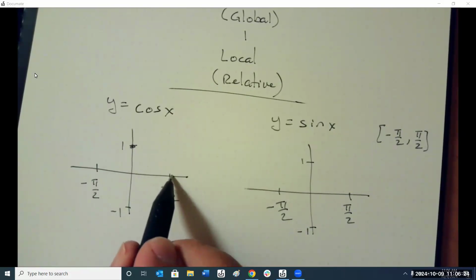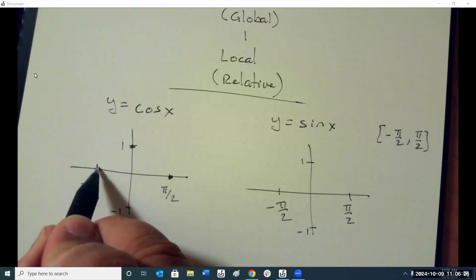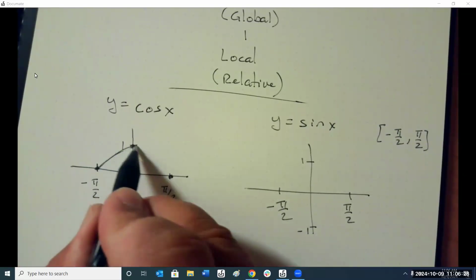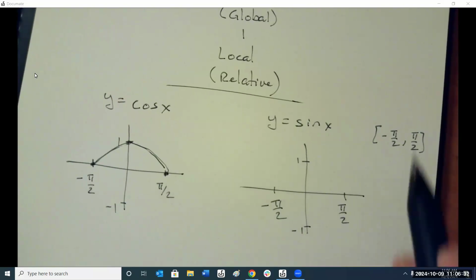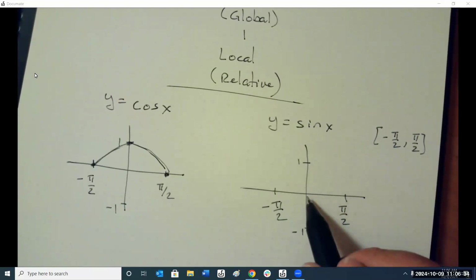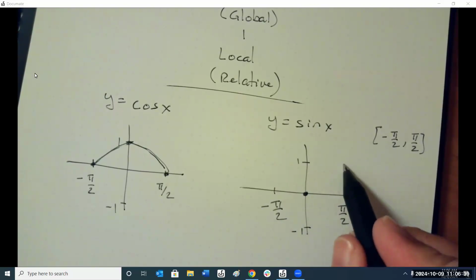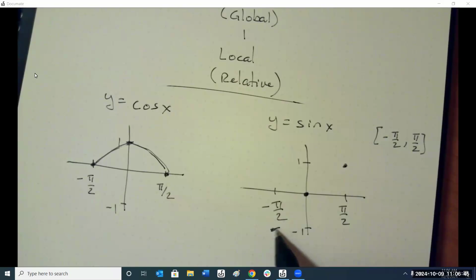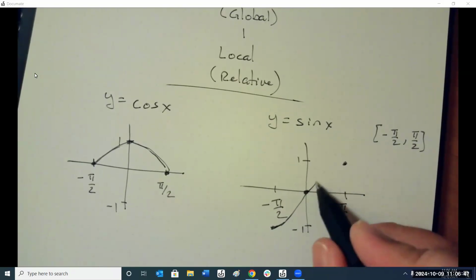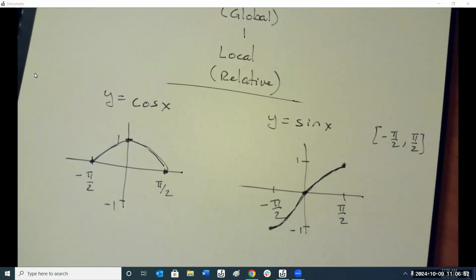At pi over 2, cosine is 0, and at negative pi over 2 as well. So there's that graph. Sine at 0 is 0. At pi over 2, it's 1. At negative pi over 2, it's negative 1. And it looks like this.